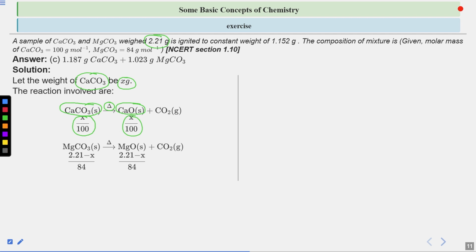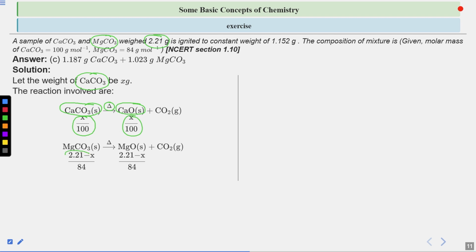Now, next thing, we have the magnesium carbonate. We have already assumed that we have x grams of calcium carbonate, and the total mass of calcium carbonate and magnesium carbonate is 2.21. Therefore, the mass of magnesium carbonate will be 2.21 minus x.